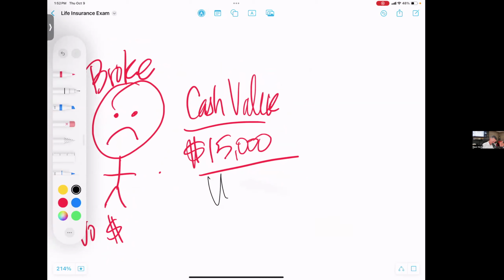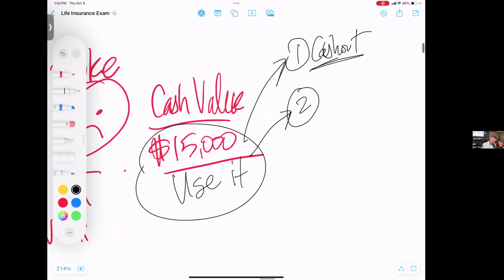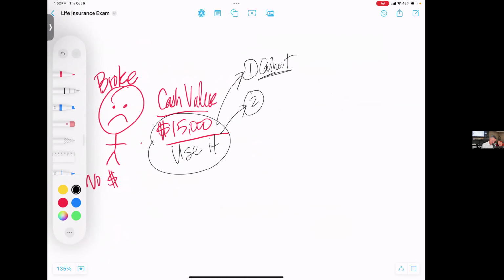We're going to use it for one of several options. Number one, cash out. Just take your money. Another option is called the extended term non-forfeiture option.